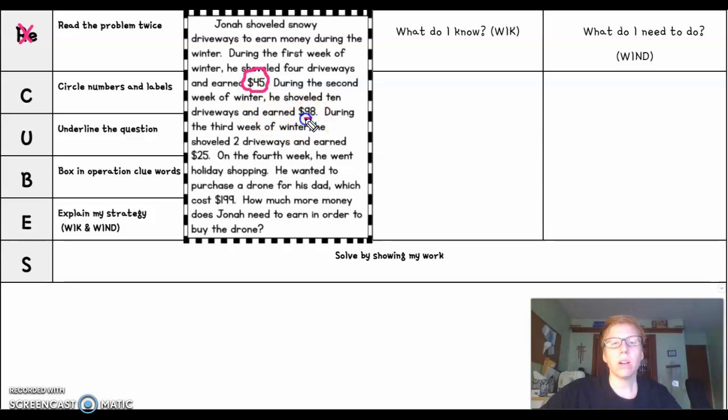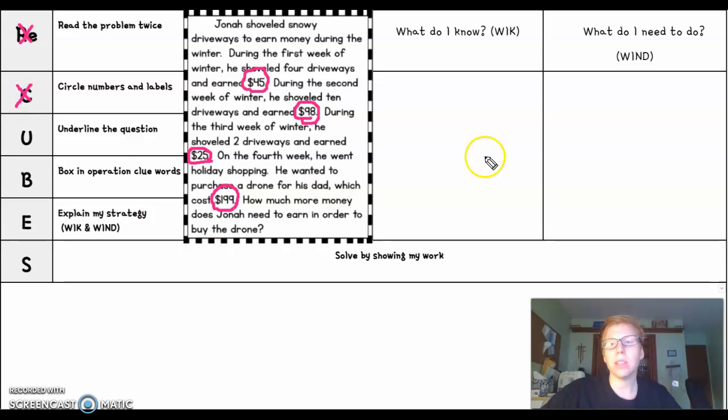I also know he earned $98, and I'm also circling the dollar sign too because we are trying to figure out how much money is happening in this situation. I don't need to circle 2 driveways because I'm not calculating the amount of driveways. I'm calculating how much money. It's money I'm working with. Okay? And then we have $199. So I have done the C step.